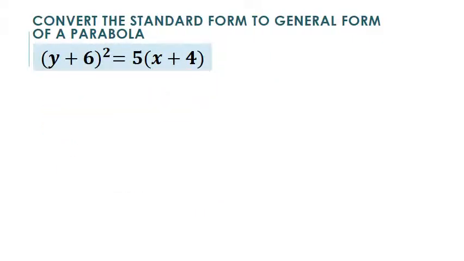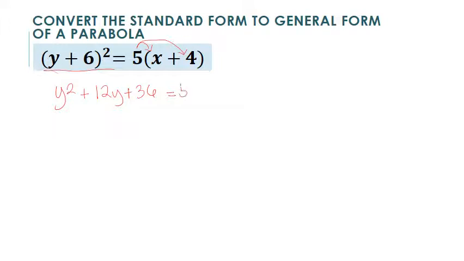Another problem, kabaliktaran naman, from standard form to general form. Okay, we are given with y plus 6 squared equals 5 quantity x plus 4. First step, expand this using FOIL method. So, shortcut ko na, y squared plus 12y plus 36 equals, distribute 5.